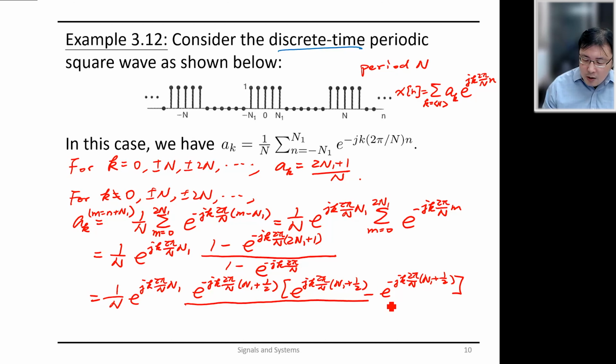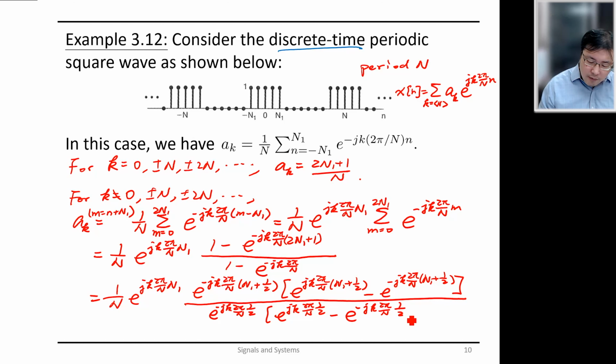In the denominator, I want to do something similar. I bring out half of this, so I get e to the minus jk 2 pi over capital N times 1/2, times e to the jk 2 pi over capital N times 1/2 minus e to the minus jk 2 pi over capital N times 1/2.